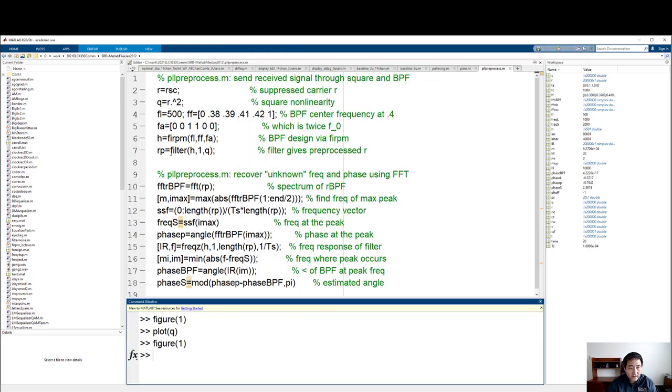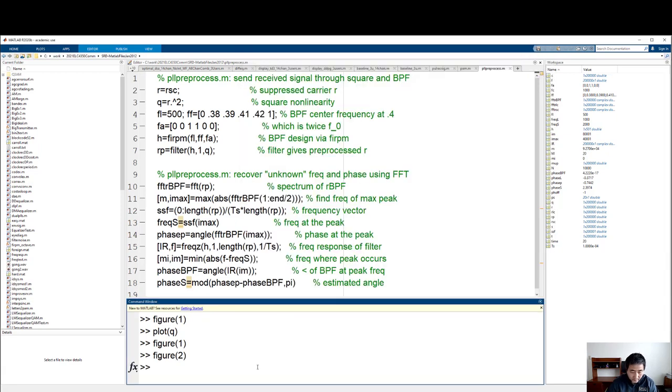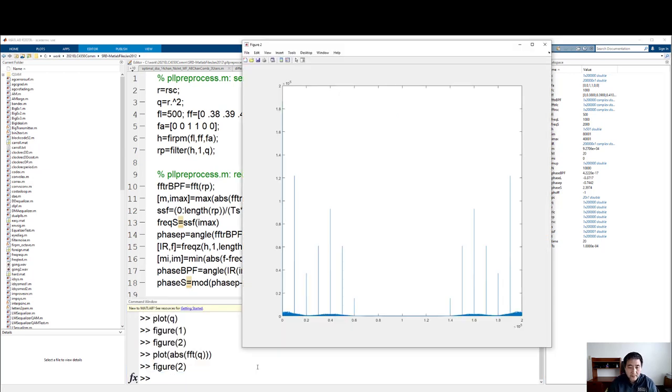And then we have this filter. This filter gives me the signal around frequency 2fc. But first, let's look at the plot of the ABS FFT of Q. What is the spectrum of signal Q? We can see we got a few spikes.